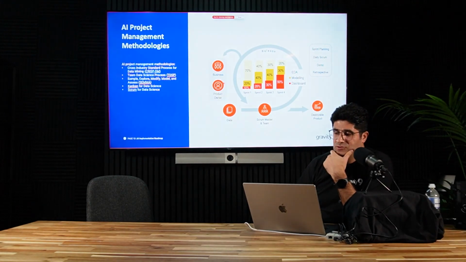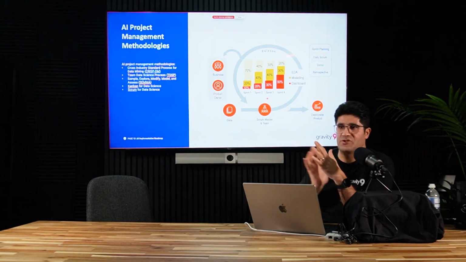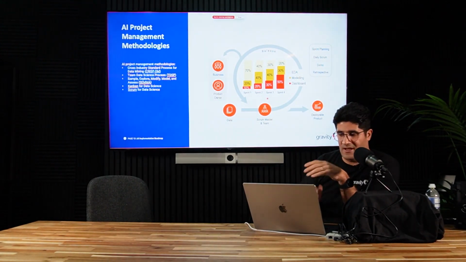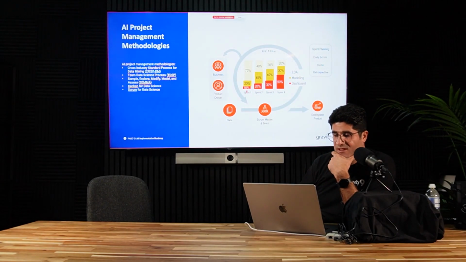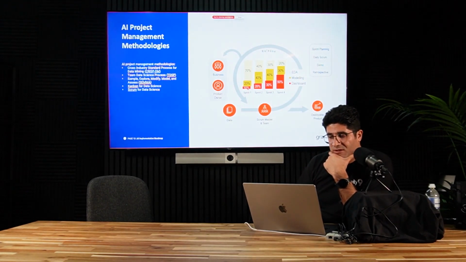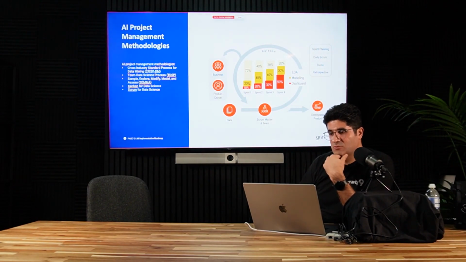You go through iterations, and in each iteration you change the weight between different tasks. For example, as you can see in the first sprint, 10% for creating a dashboard, 20% for modeling, and 70% for exploratory data analysis.